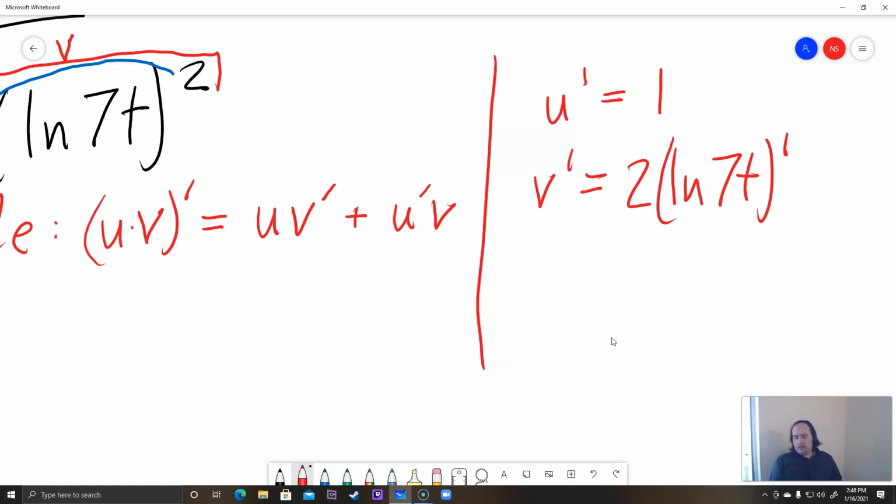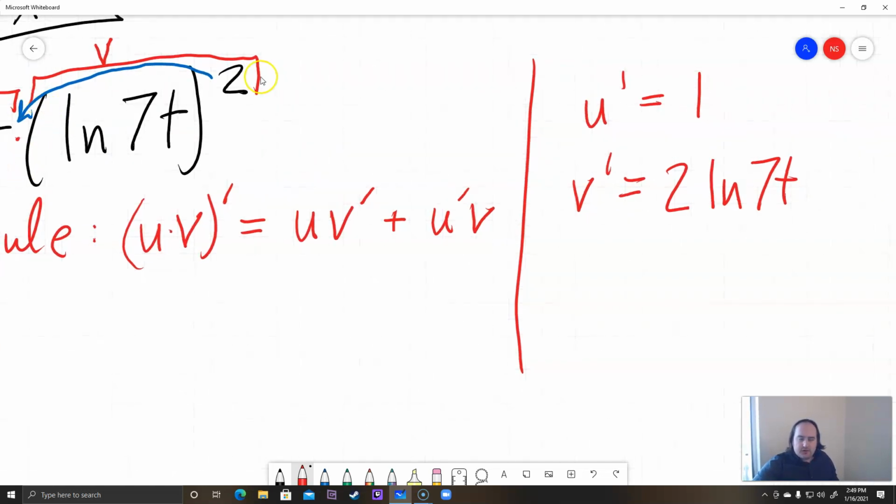Because taking the derivative of the outer function, which is a squared power, we bring the 2 out front and then we decrease the exponent by 1, so it becomes 1. But we don't need this 1 here, because any number to the 1 is just the number. So we're just going to write it as 2 times ln of 7t. So that's the derivative of the outermost function. So that takes care of the power.